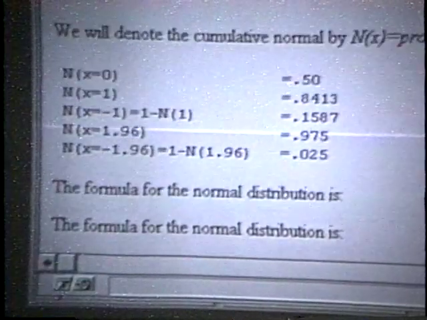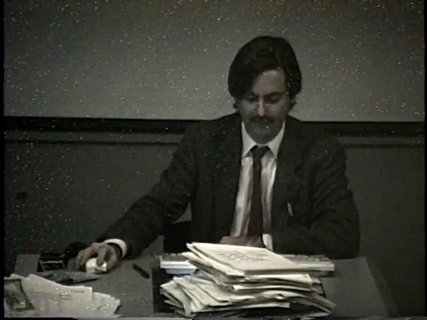And there's the normal distribution, which didn't turn out, but that's no big deal. You don't really need that, because it turns out in Excel, they've got a function for the cumulative normal distribution. It used to be they didn't, and we had to use numerical approximation to it, but now they do, and it makes things a lot easier.